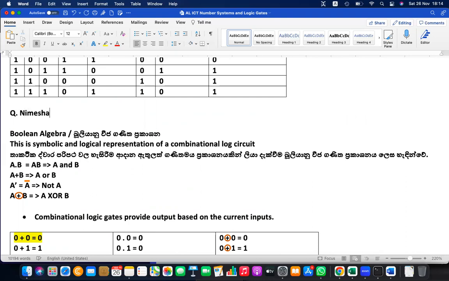Nimesh wants to create a fire alarm using logic circuits. He has decided to use 3 fire sensors.